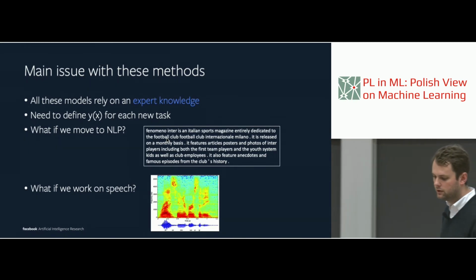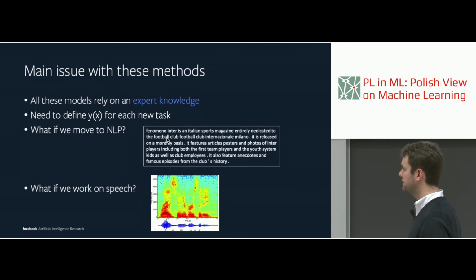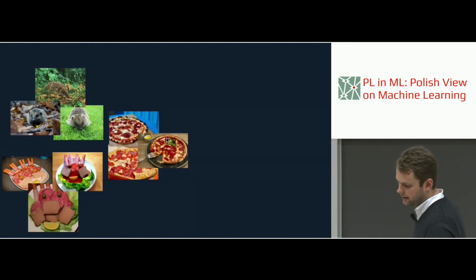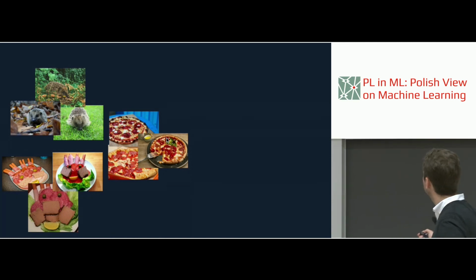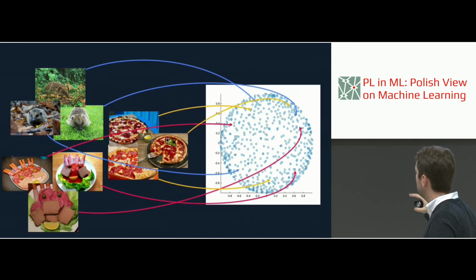This is the motivation for our work on unsupervised learning. Our first contribution in that direction was unsupervised learning by predicting noise, a paper that we submitted to ICML, where given a set of images, you generate points on a sphere in a high-dimensional space, and you want to train a function that maps images to the hypersphere.